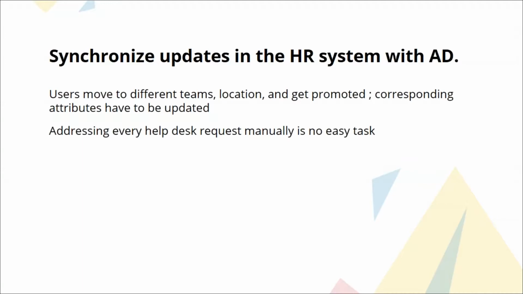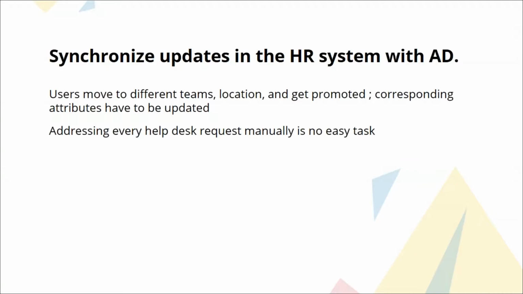So moving on to the next one, synchronize updates in the HR system. Now, when roles and responsibilities of employees change, the IT admin has to modify the properties of their accounts, add them to relevant groups, move them to another OU, and so on, right? Now, these changes, maybe there could be requests for accessing group memberships, accessing file servers, changes in file server permissions, and so on.